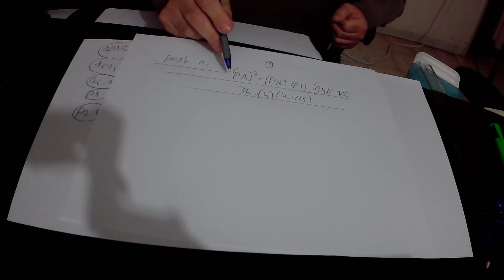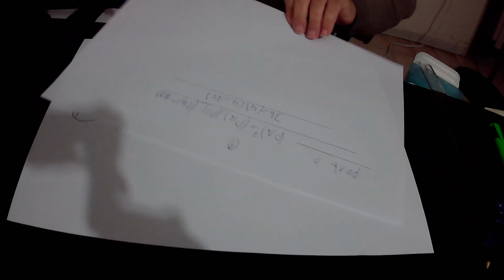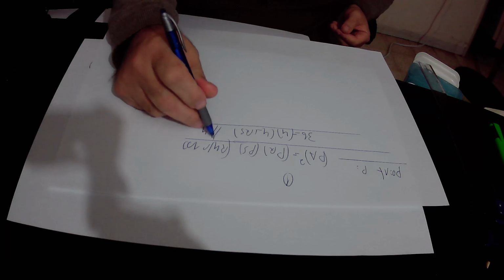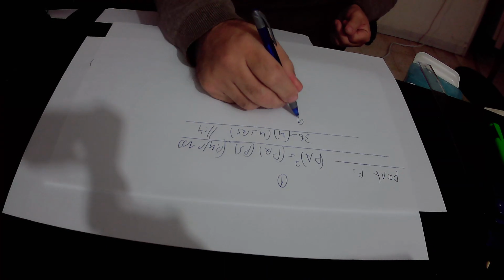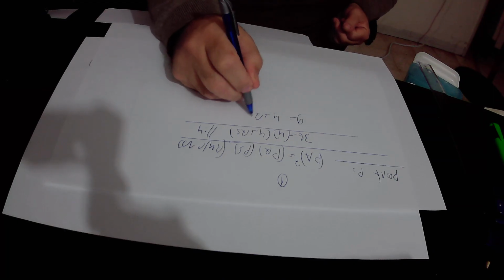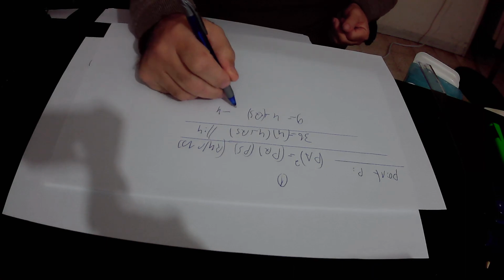Here we will divide this equation by 4, and we get that 36 over 4 is 9. So 9 equals 4 plus QS. Here we subtract 4 from the equation.